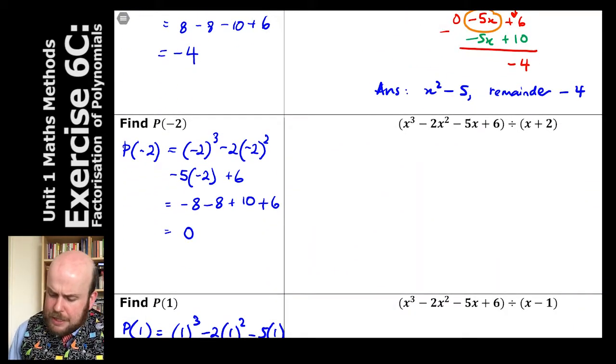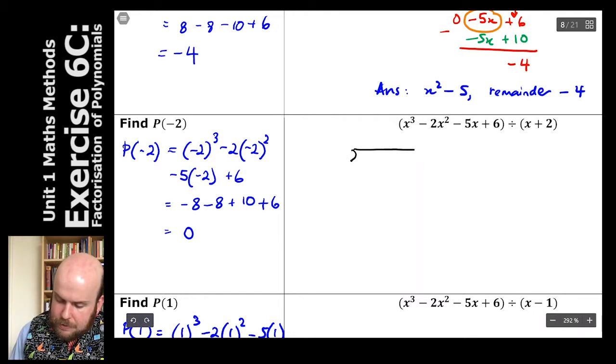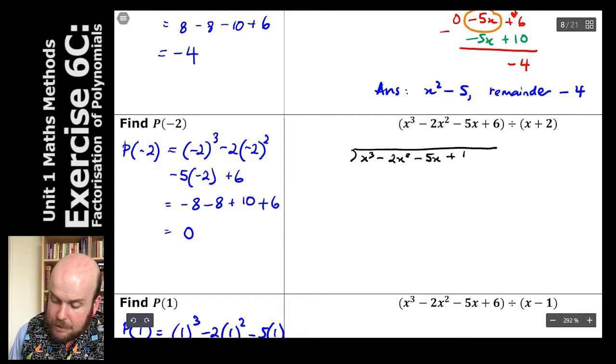Let's have a look at our next friend here. So I've asked to divide the polynomial by x plus 2. So let's do this. x cubed minus 2x squared minus 5x plus 6, divided by x plus 2.